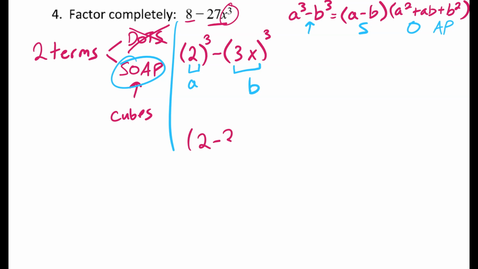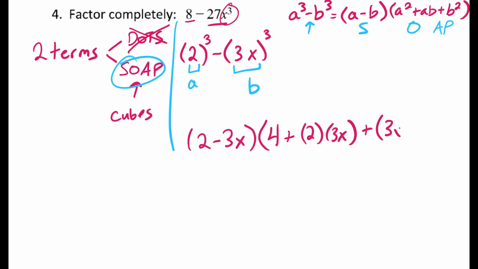I'm going to subtract 2 and 3x. A squared would be 2 squared, which is 4, plus a times b, which is 2 times 3x, plus b squared, which is just 3x squared. Notice I have a set of parentheses here so that I remember to square the 3 and I remember to square the x, because all of 3x represents your b, so I need to square all of it.